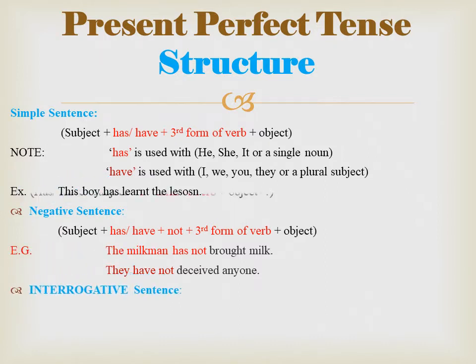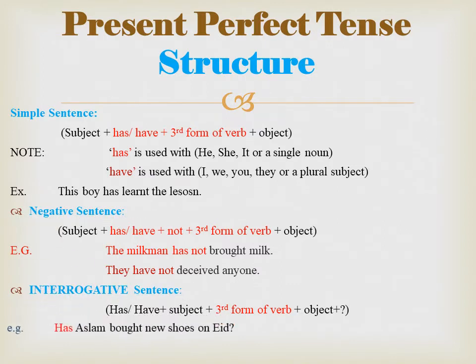Now interrogative sentence. In interrogative sentences, we bring helping verbs has and have in the beginning of the sentence, and then we use subject, third form of verb, and then object and question mark at the end. For example, has Aslam brought new shoes on Eid?